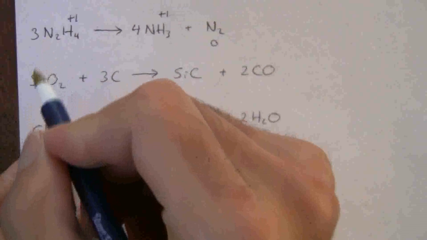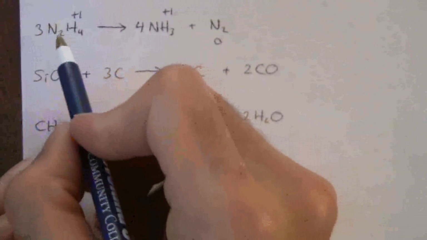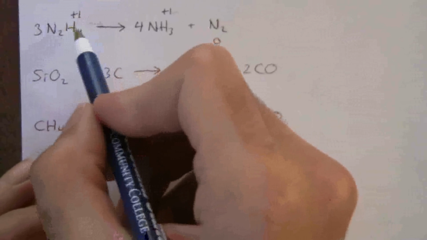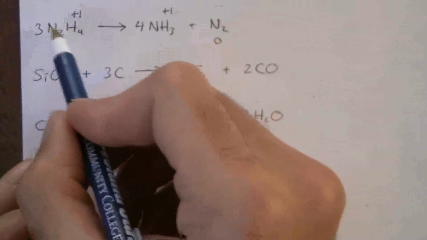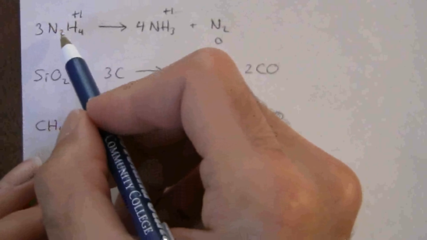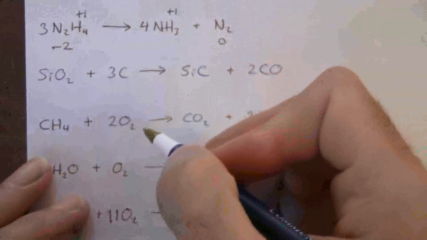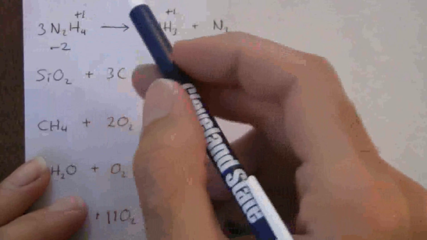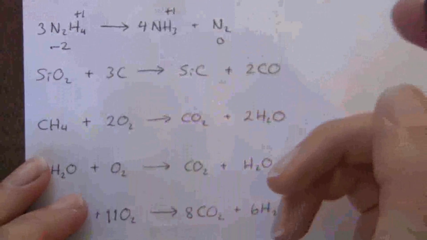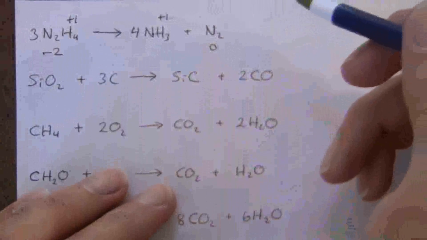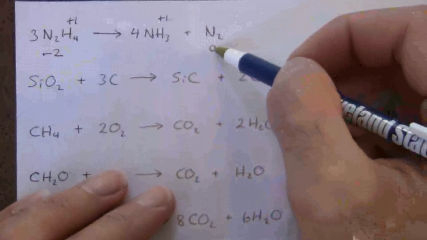Well, let's look at this and we'll see that the nitrogen here, we have +4 from the 4 hydrogen atoms, and that's divided among 2 nitrogen atoms. So each of these must be a -2, right? -2, -2, that gives me -4 to balance the +4, right? So the nitrogen is a -2 and goes to 0.